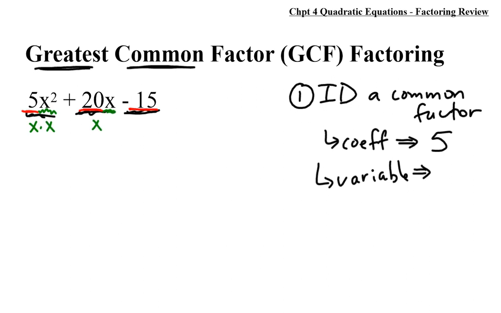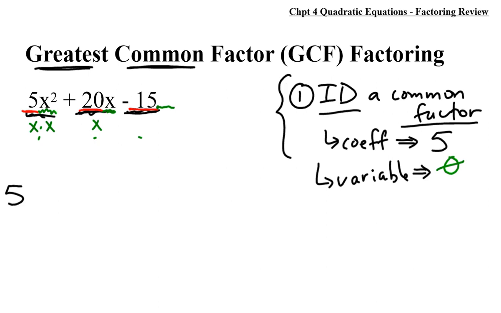This second term has an x. This third term has no variables. We have 2 variables, 1 variable, and no variables. So in this case, there is not a variable term that could be factored out. We simply have the common factor, the greatest common factor for this is 5.